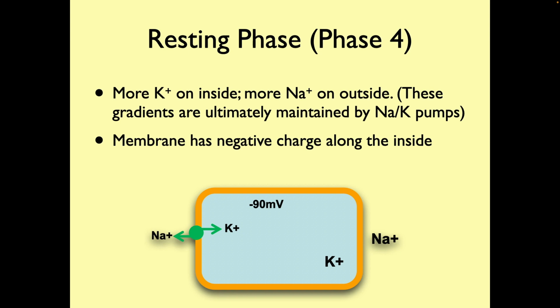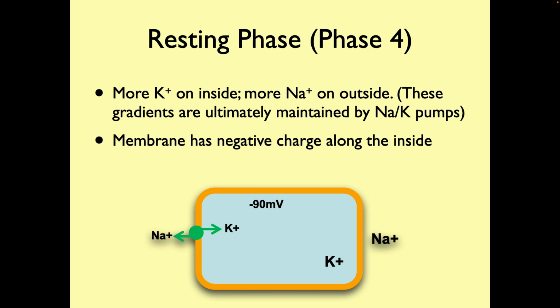But there's a change of voltage, and if you look right around the inside of the cardiac cell, it's more negative right along the inside as compared to the outside. You do need to know that at resting potential, it's more negative on the inside. You don't have to know minus 90.